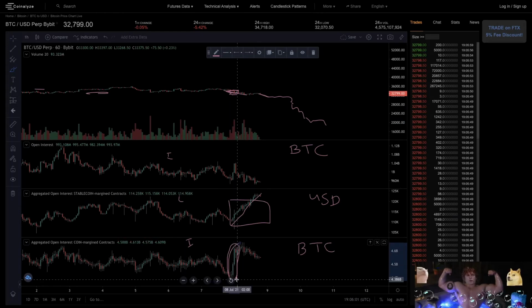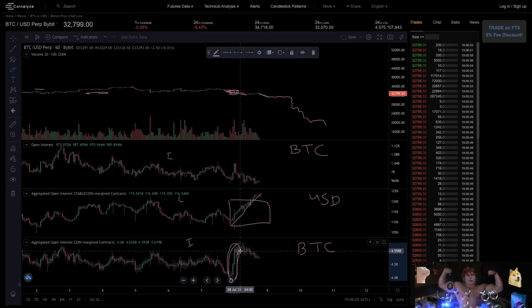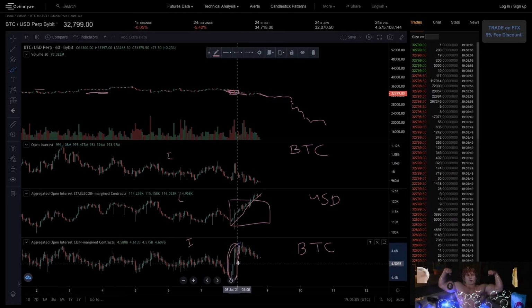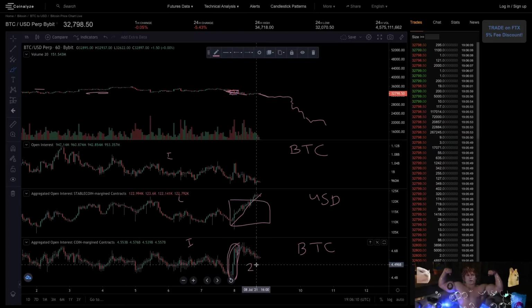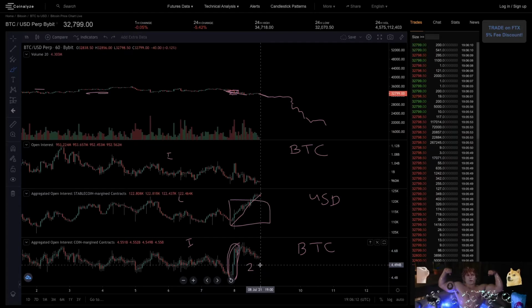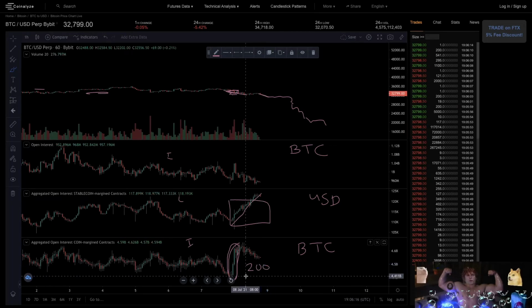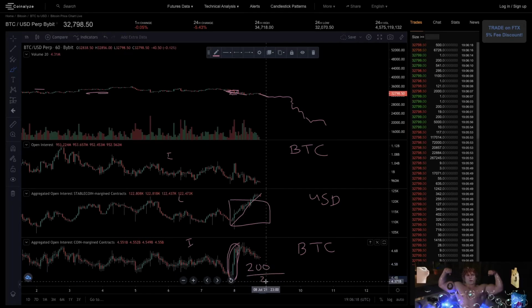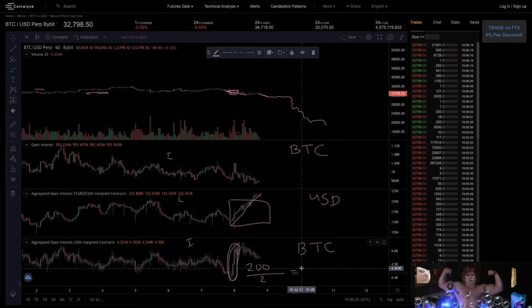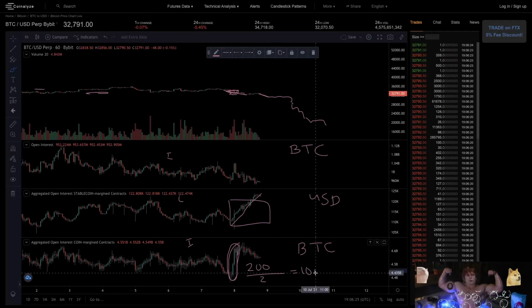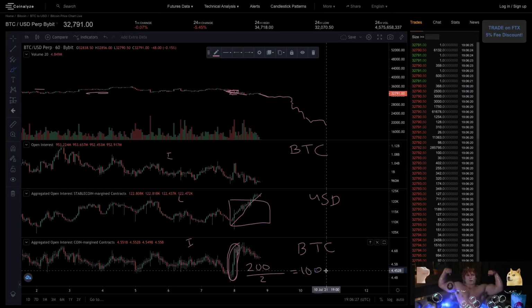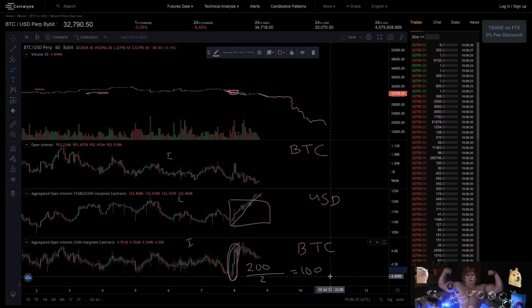So this is $200 million, 4.4 bill up to 4.6. Divided by 2, that $200 million is $100 million of long open interest. That is all people ready to be liquidated.